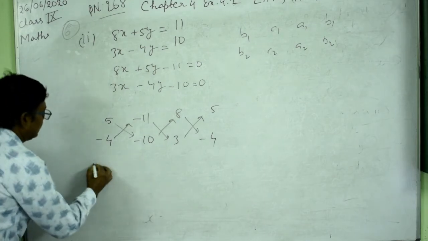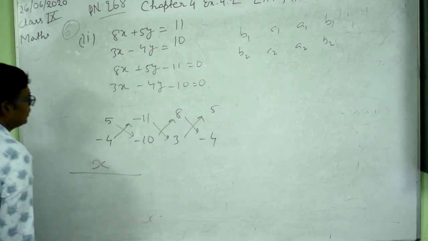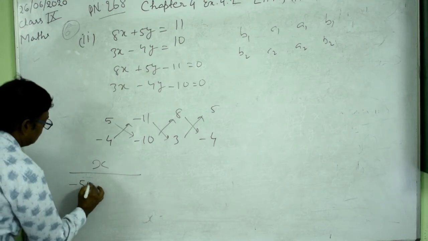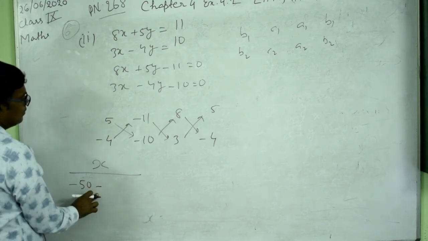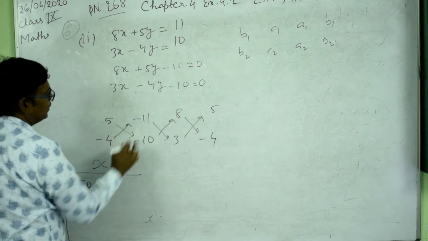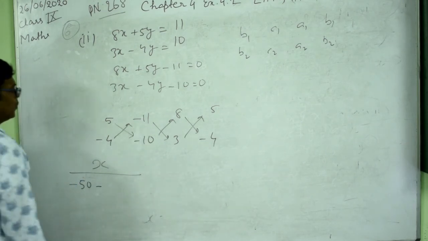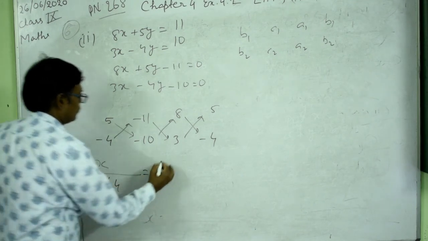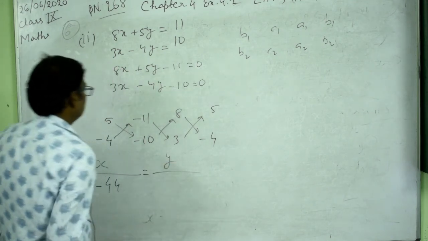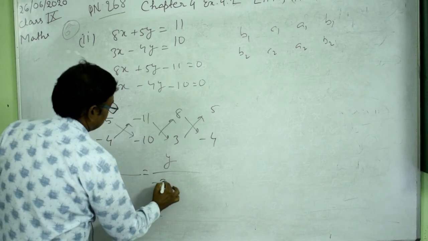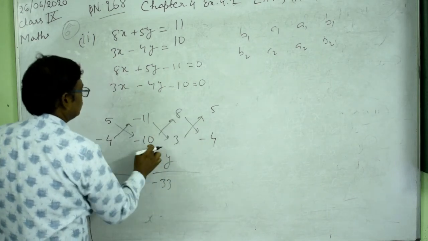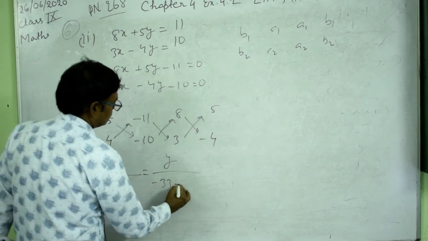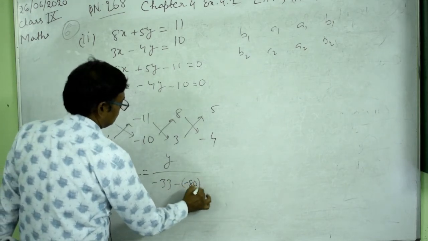So you have here x by, what here? 5 into minus 10 is minus 50, and the sign here is minus, then minus 4 into minus 11 is positive 44, so it will be 44. Equal to y by this into this, that is minus 33, and 8 into 10 will be 80, negative 80, and here also already negative there, so negative 80.